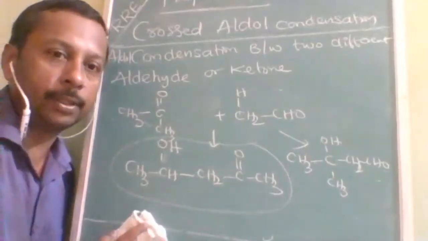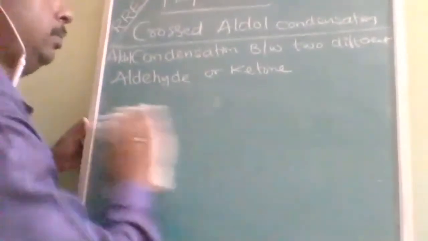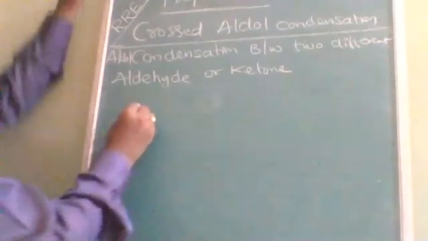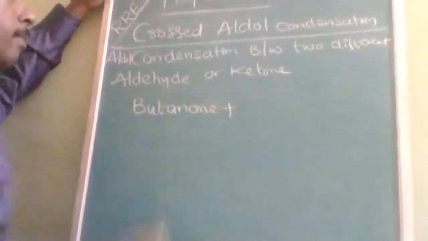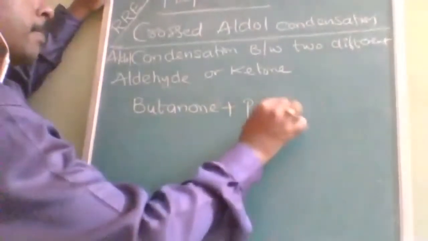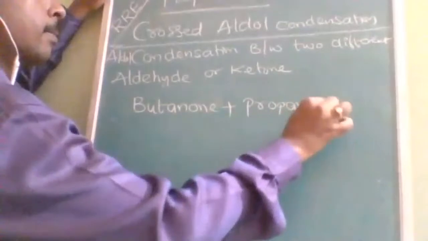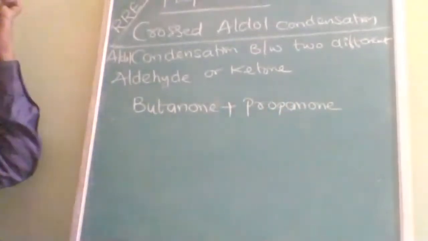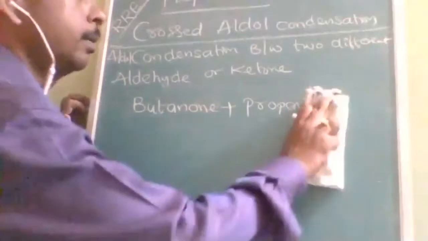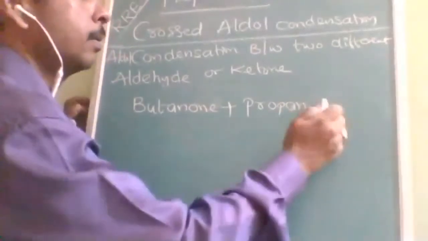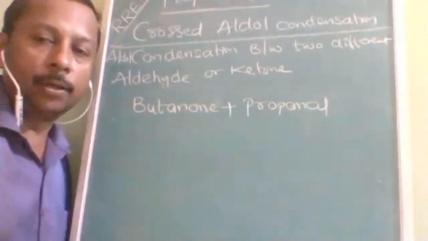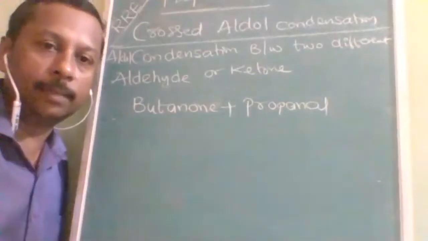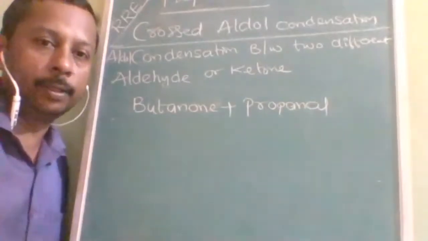Are you ready for the next question? Okay. The next question is: now you have to tell me how many products are possible and all the possible product names.